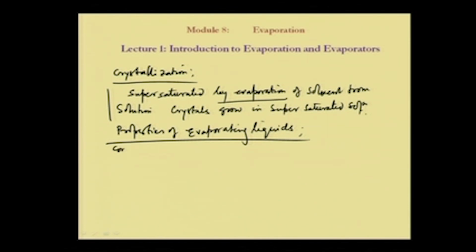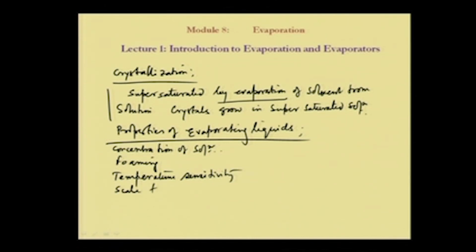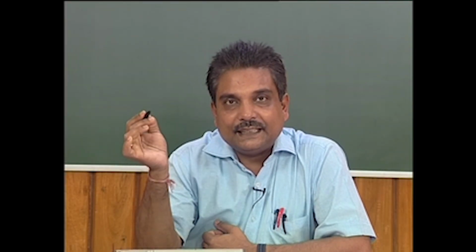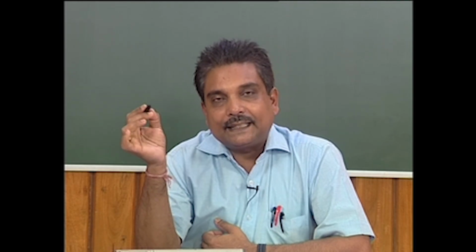The properties are the concentration of the liquid or solution, then foaming property, then temperature sensitivity, then scale formation. These are the 4 important properties we should understand clearly while going for any kind of evaporator design.